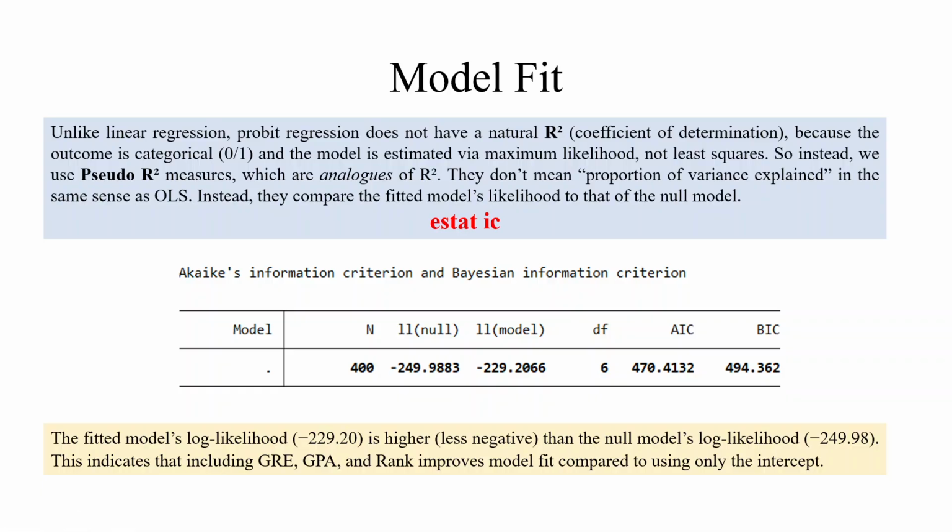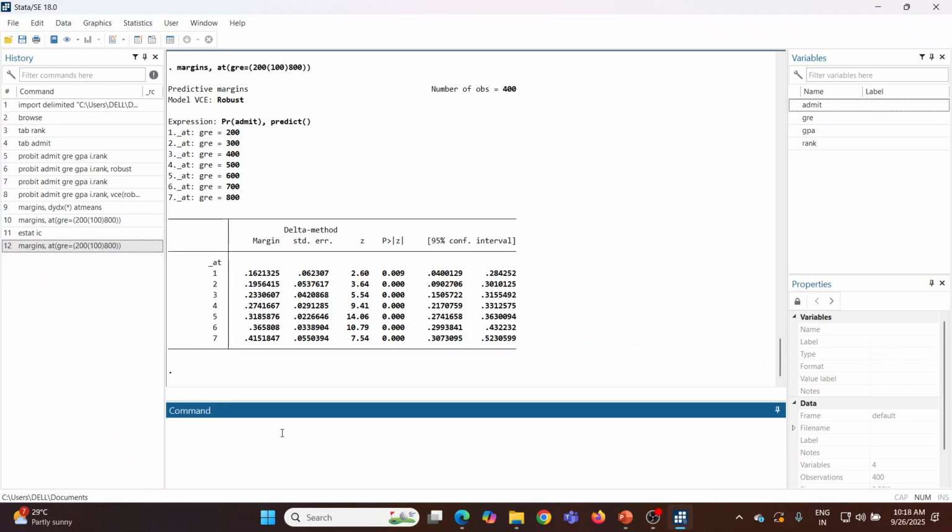Now let's do the model fit. So before running the model fit, can we run these marginal effects with the help of the graphical user interface? Yes, we can do it.